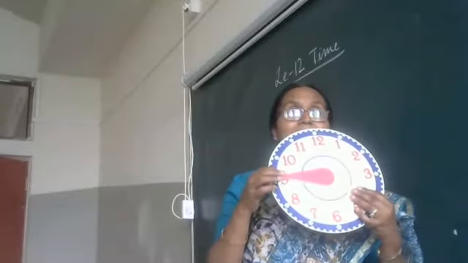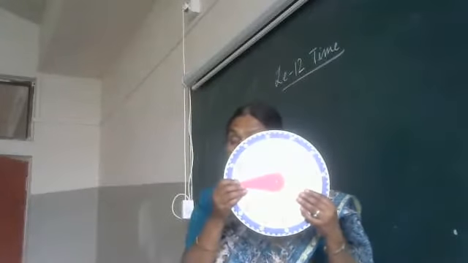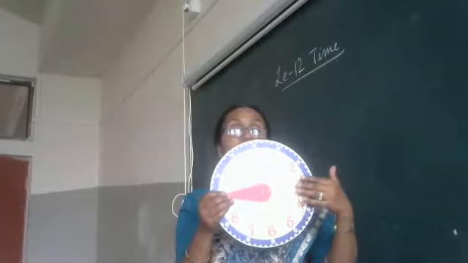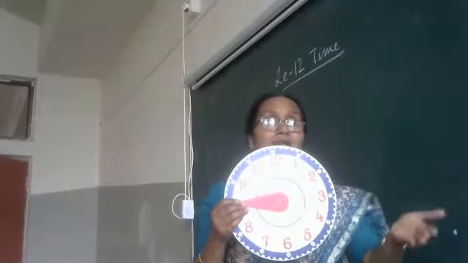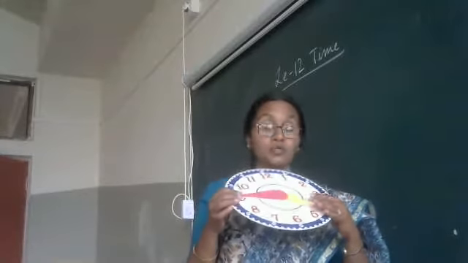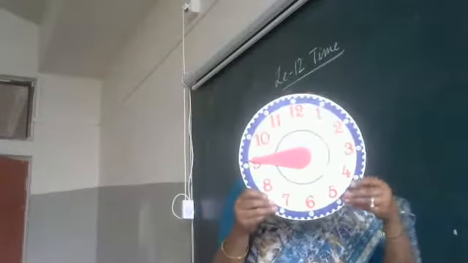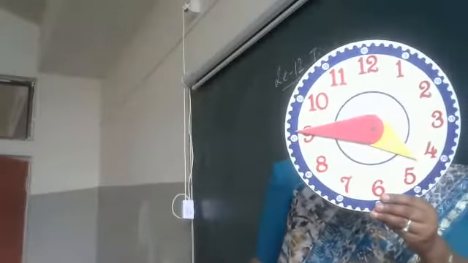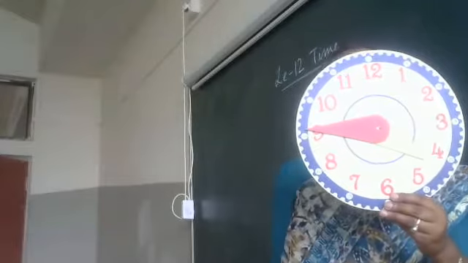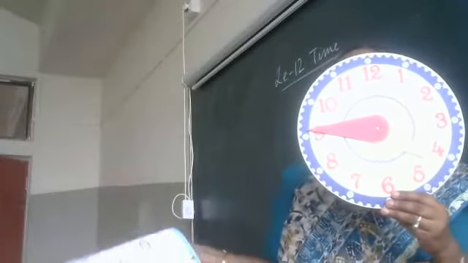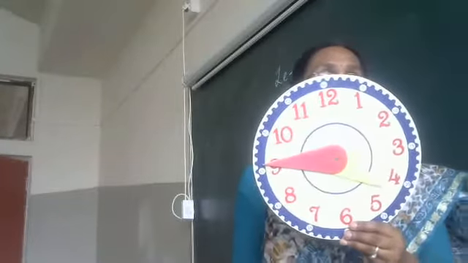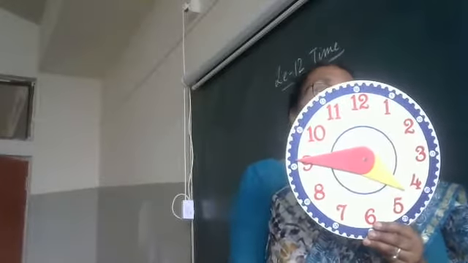Whenever the minute hand is at 9 and the hour hand shows the next hour, that is quarter to. Quarter time is left there. Now what is the time now? 4:45.